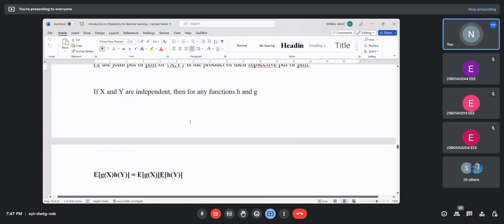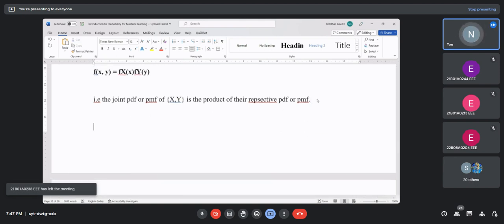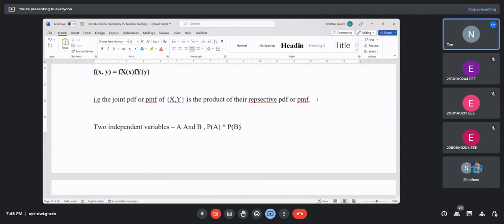The point, in simple terms: if you have two independent random variables a and b, and you are asked for the probability of these two, you just say the probability of a multiplied by the probability of b. That's it.